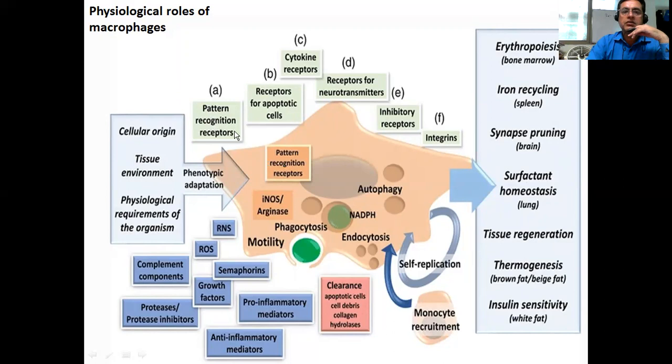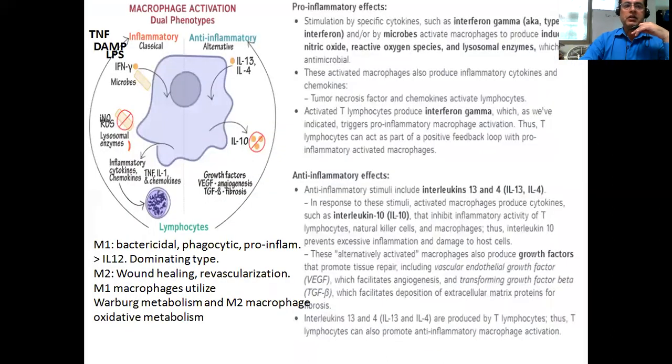The pattern recognition receptors are there on the cell, receptors for apoptotic cells, because normally, as I told you in the very first slide, in normal conditions, apoptosis is going on inside the body. That is a continuous process, and that process should continue inside the body without any notice that something is going on.